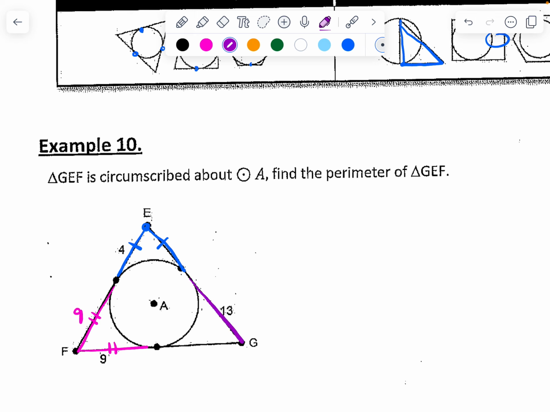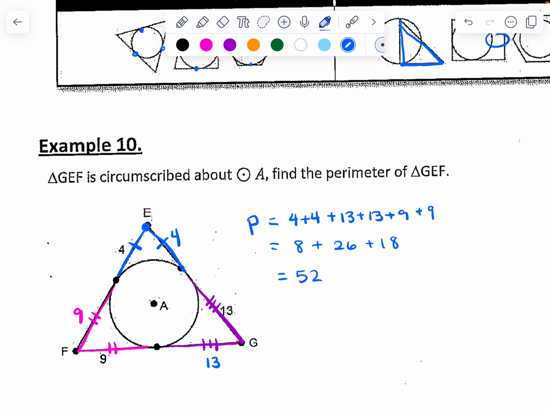And then this last one to G, if this is 13, this last one is 13. So in order to find the perimeter, we would take 4 plus 4, 13 plus 13, and 9 plus 9, which is 8 plus 26 plus 18, which is 52.